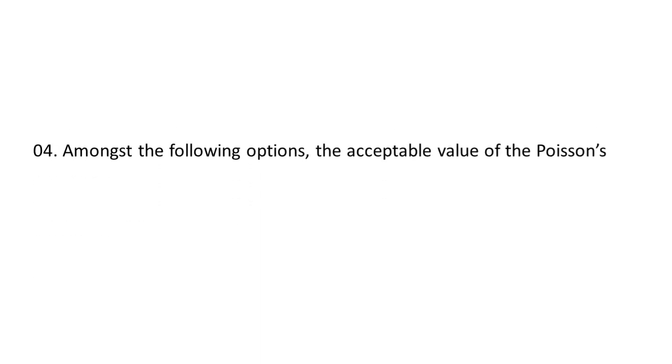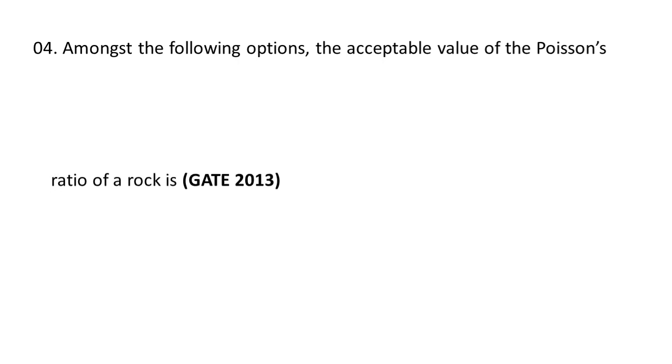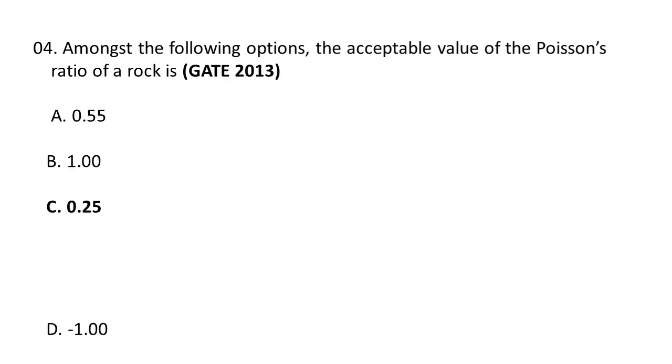Next question. Amongst the following options, the acceptable value of the Poisson's ratio of a rock is A. 0.55, B. 1, C. 0.25, D. -1. So the acceptable value of the Poisson's ratio of a rock is 0.25. Poisson's ratio measures the deformation in a material in a direction perpendicular to the direction of the applied force. Essentially, Poisson's ratio is a measure of rock strength, another critical rock property which is related to the closure stress.